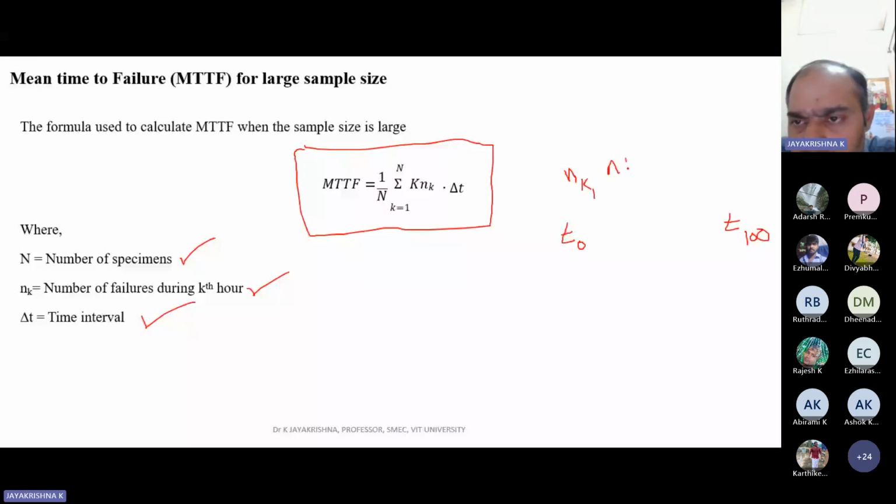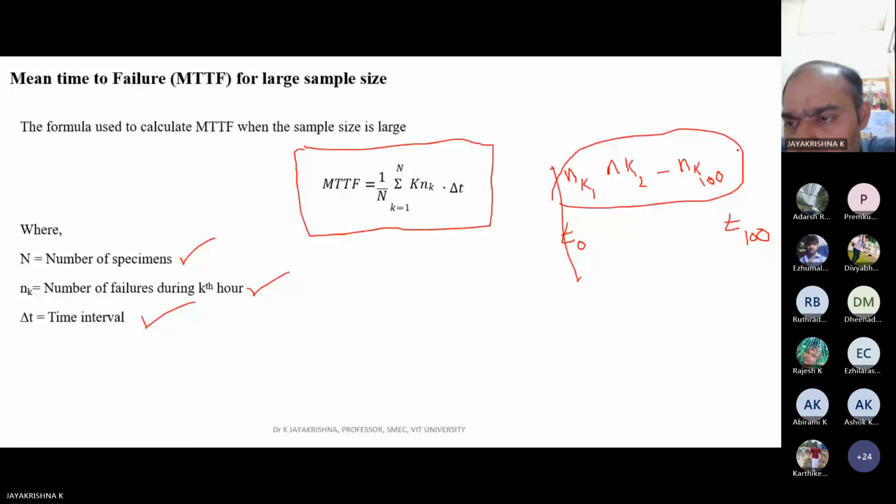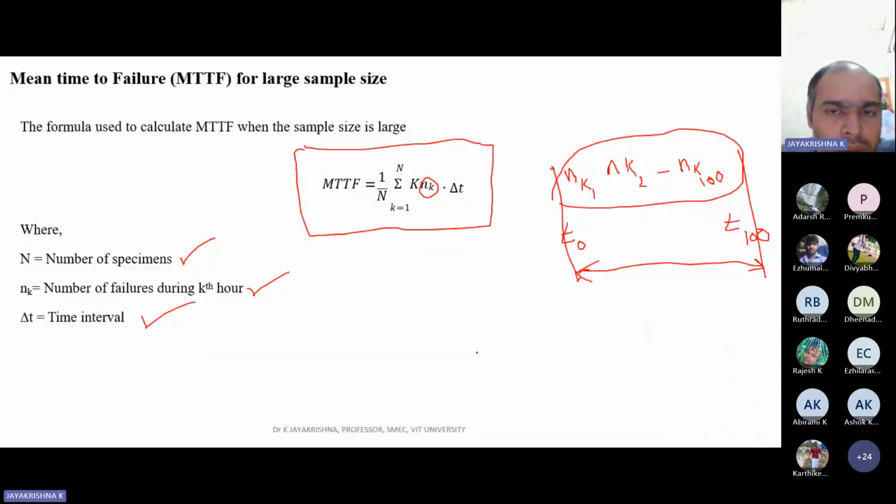What is the number of failures at second hour? All these things you are going to sum up. Have you noted down this formula? Done, sir.